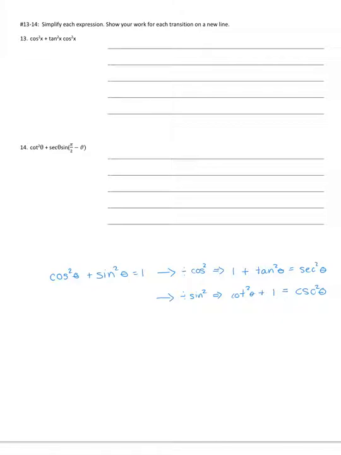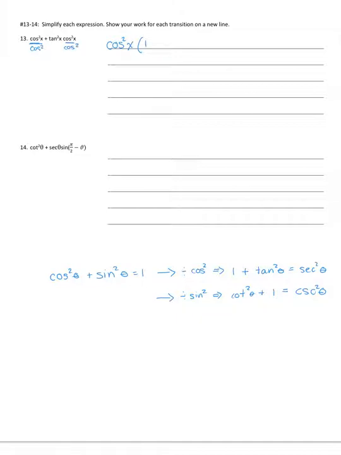So on number 13, the first thing I see is I have a common factor of cosine squared. So I'm going to factor that out, cosine squared x. That leaves me with a placeholder, so it's as if I divided both terms by cosine squared.